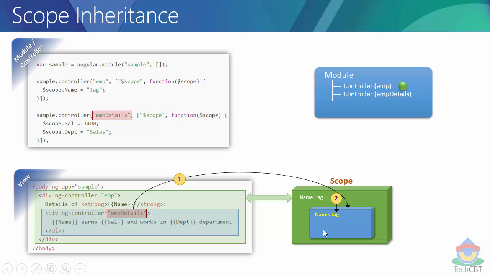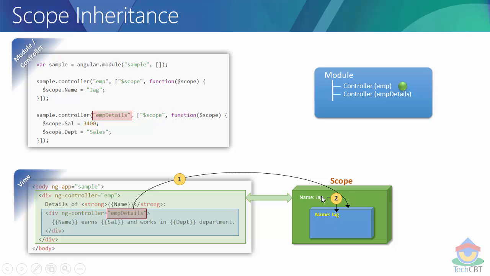Just like in object-oriented programming, where there is a parent class, and a class inherited from the parent has all those members available as part of the child class or subclass.